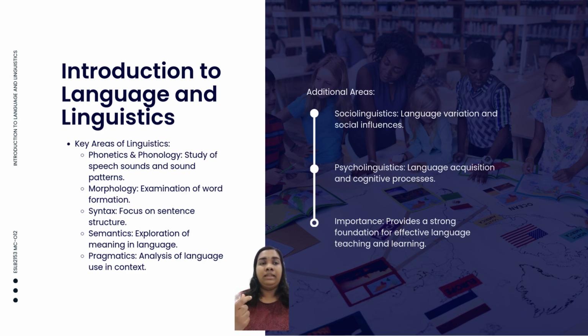Semantics is meaning in language, and pragmatics analyzes language in context. We also cover sociolinguistics, which is language variation and social influence, and psycholinguistics, which is the investigation of language in cognitive processes. These areas provide a strong foundation for language teaching and learning.